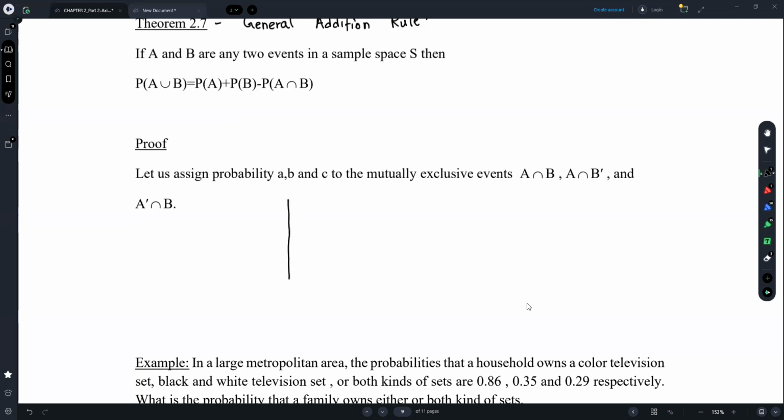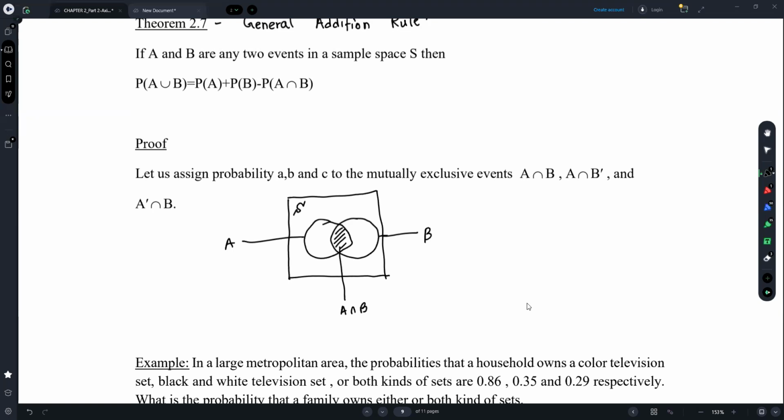Shall we draw the Venn diagram? You can see the mutually exclusive events. So now we don't have any restriction about mutually exclusive or anything, just two events A and B. So you can see the overlap here. So what is this? A intersection B. Okay.